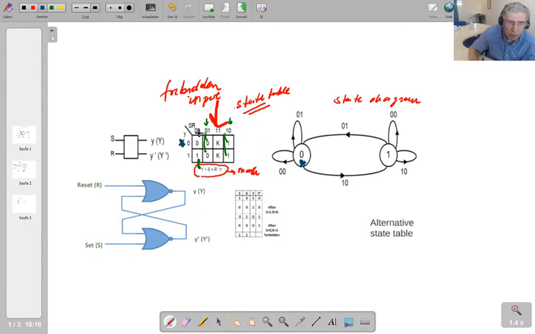If you apply 0, 0, your next state is 0. So I show you this. If your present state is 0 and you apply 0, 1, your next state is the same as your present state. So that is the second one here.